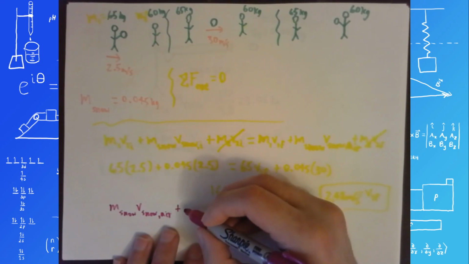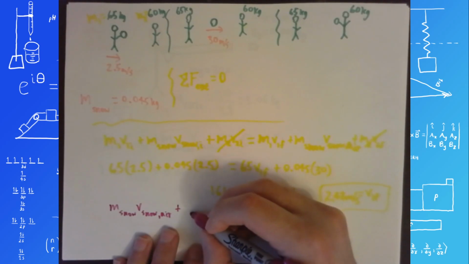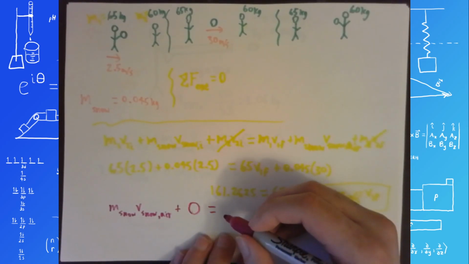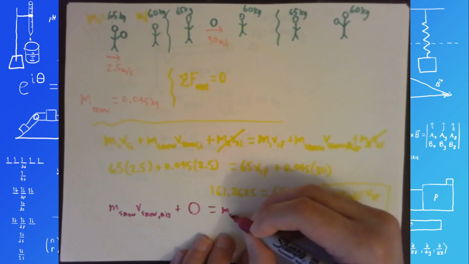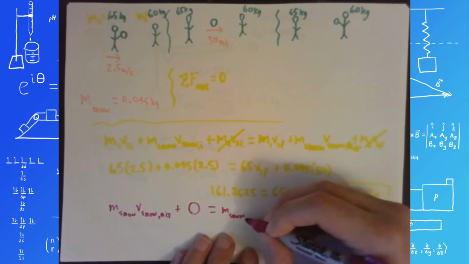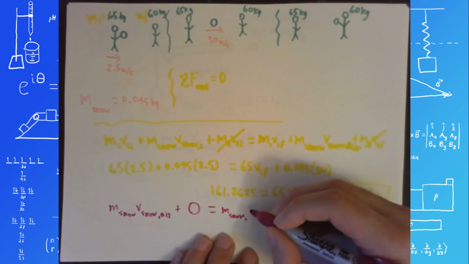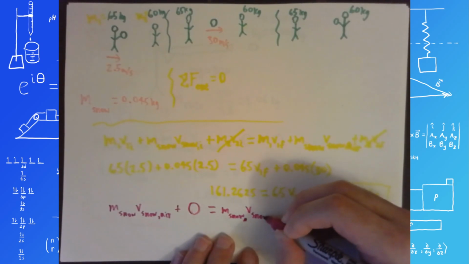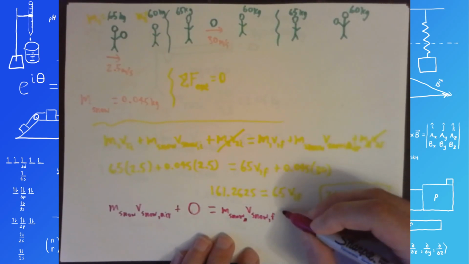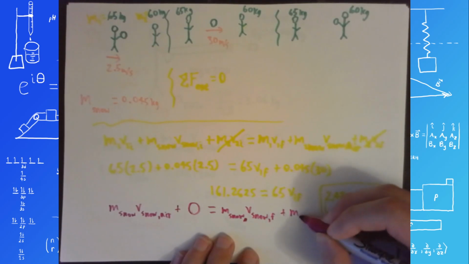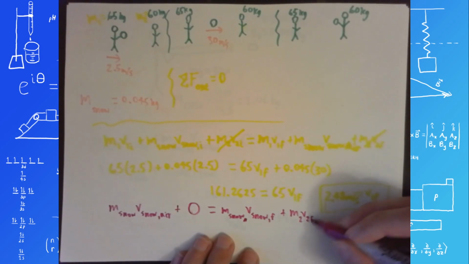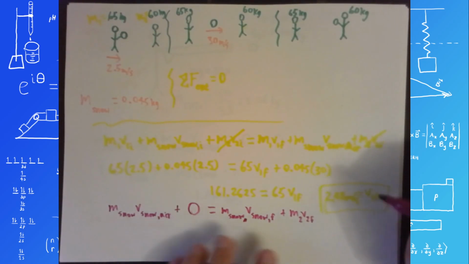Plus, initially the second person was at rest, so plus 0 equals m snow v snow final, for real this time, m snow v snow final plus m2 v2 final. And this time I really mean it when I say final.